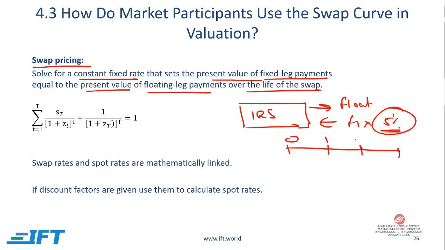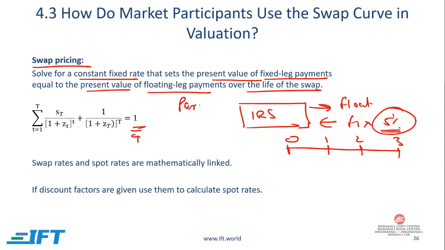So 0, 1, 2, 3. If we take this point over here, we want to set the present value of the fixed payments. So how do we price this swap? We price it such that the present value of all the fixed payments is equal to the present value of the floating payments. Now, we say that the present value of the floating payments is 1.